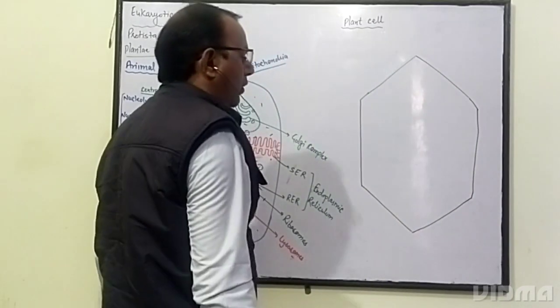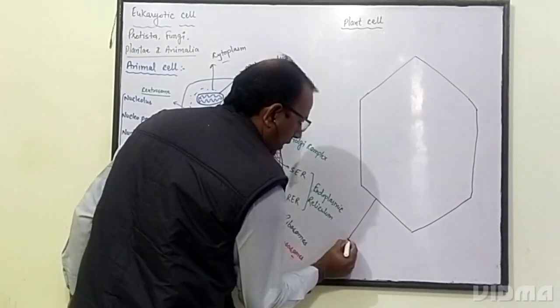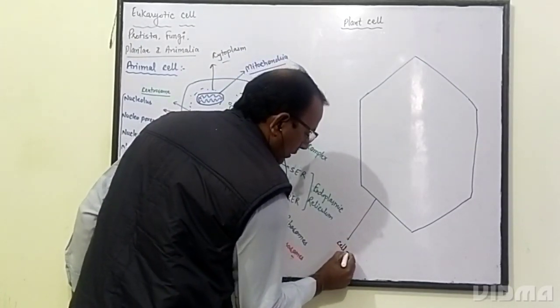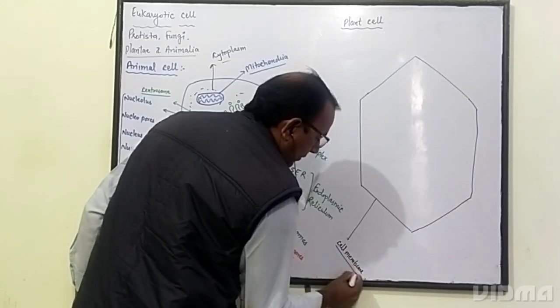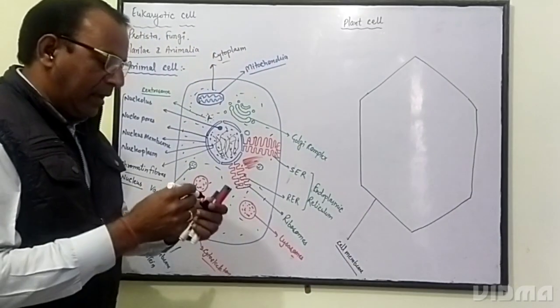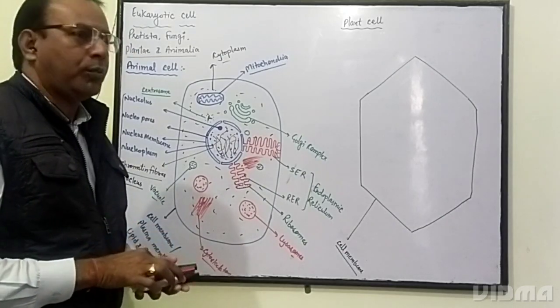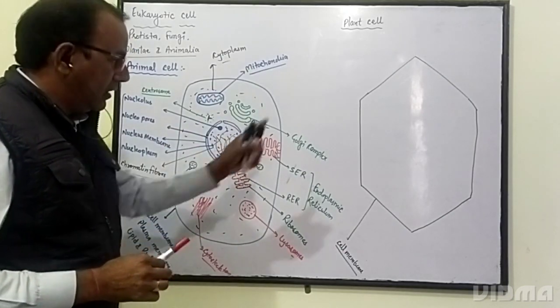This is the cell membrane of the plant cell. In a plant cell, outside the cell membrane, one rigid structure is also present, but not in an animal cell.